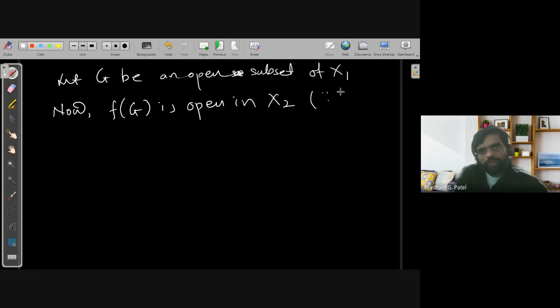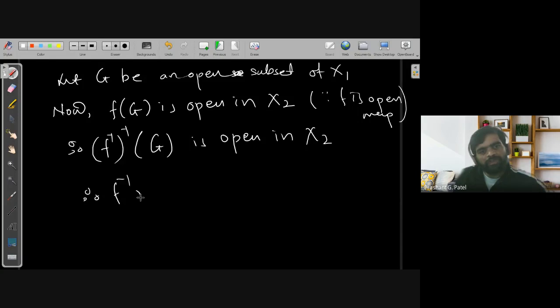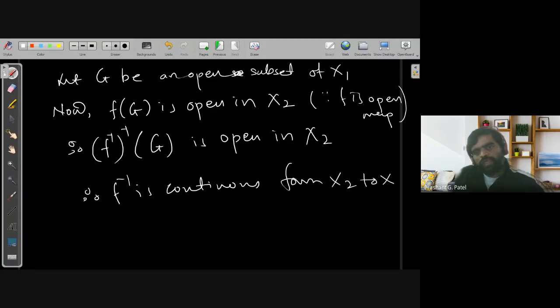That is the definition of an open map. Therefore f inverse of G is open in x2, that is, the inverse image of an open set is open. So that proves that f inverse is continuous from x2 to x1.